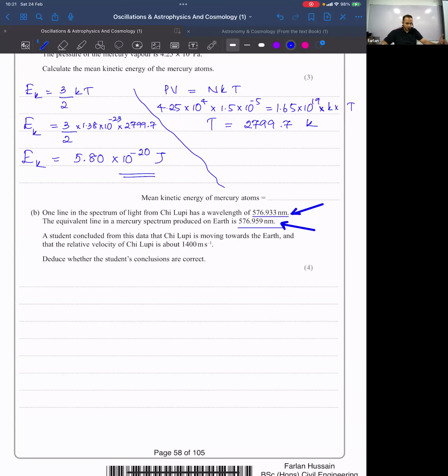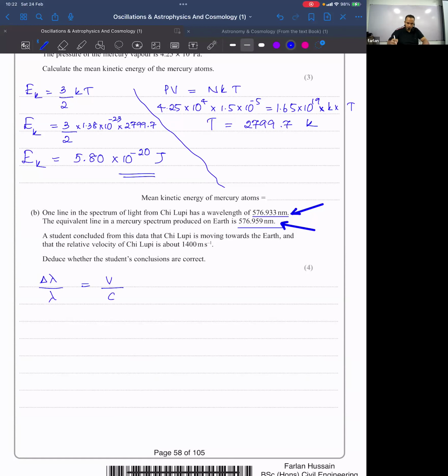So his statement has two things: one is that it's moving towards the Earth, and the other is the speed. The first half of the statement is correct. It's moving towards us. To check the second half, we use the equation delta lambda over lambda equals v over c.